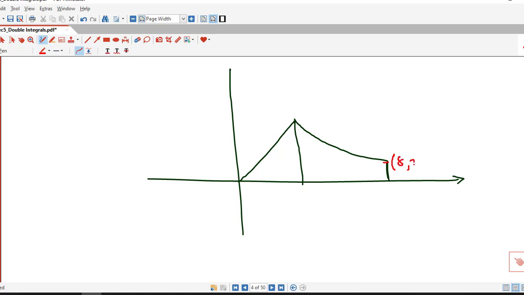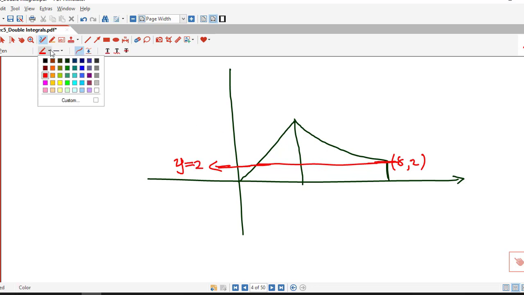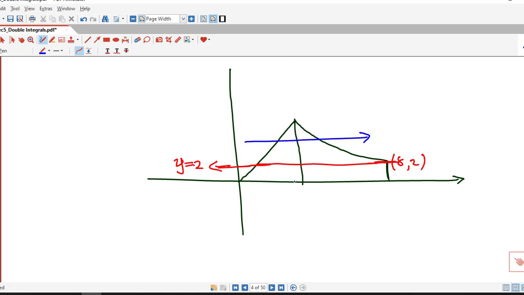This point was 8, 2. So if we want to integrate first with respect to x, we have to divide our region at this point. So this is the line xy equal to 2, and after that we have to consider horizontal lines passing through this region and passing through this region.